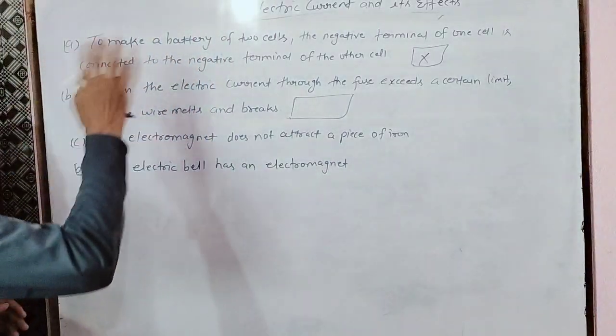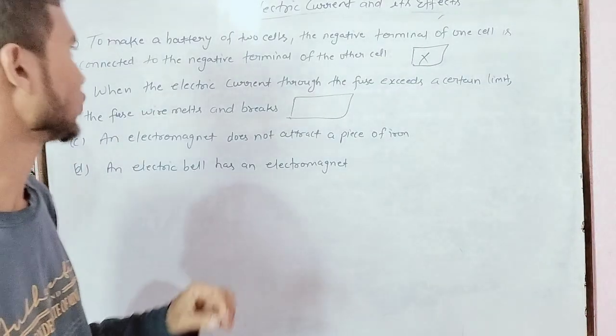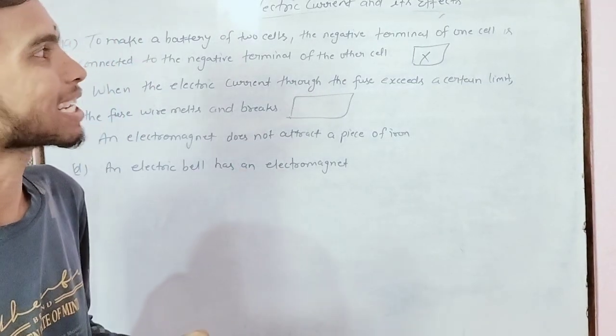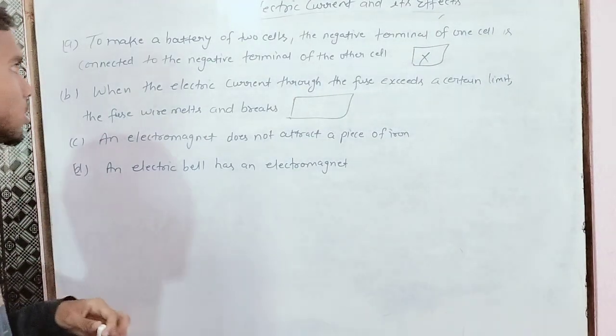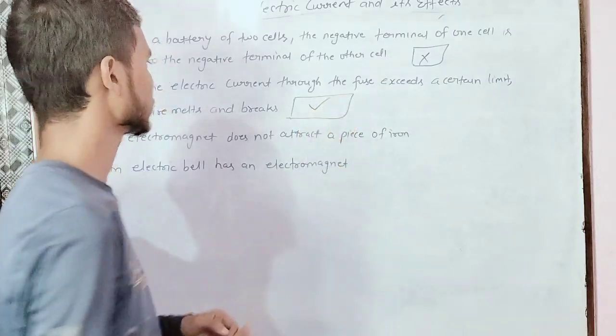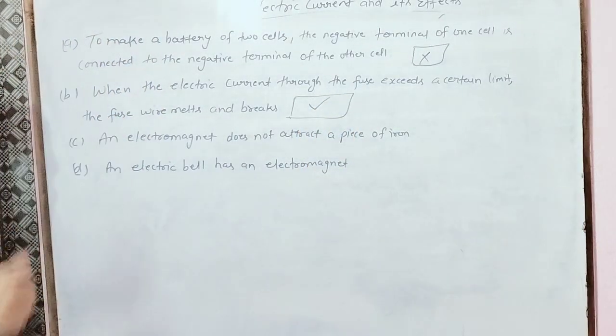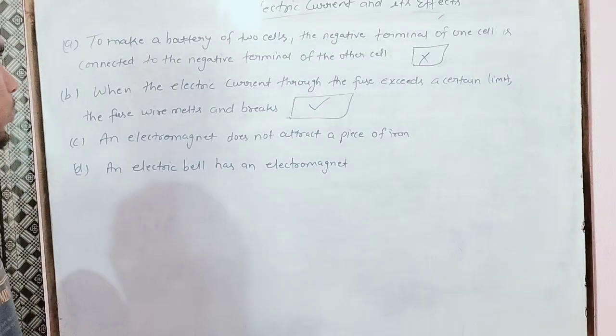Okay, so that's why it is incorrect. Now, when the electric current through the fuse exceeds a certain limit, the fuse wire melts and breaks. Yes, it is true. And this is the work of a fuse wire.